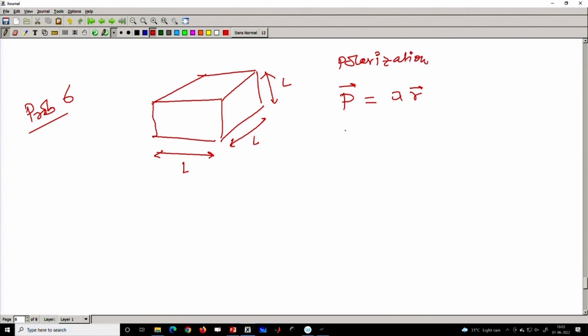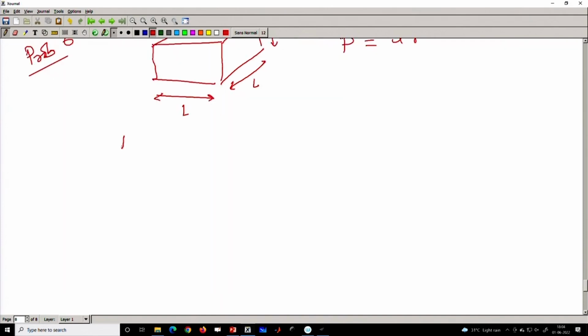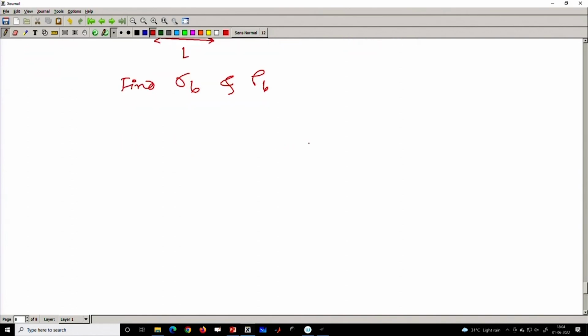Polarization is a function of r. Now, the question is to find the bound surface charge density and the bound volume charge density. So, let us solve this problem.